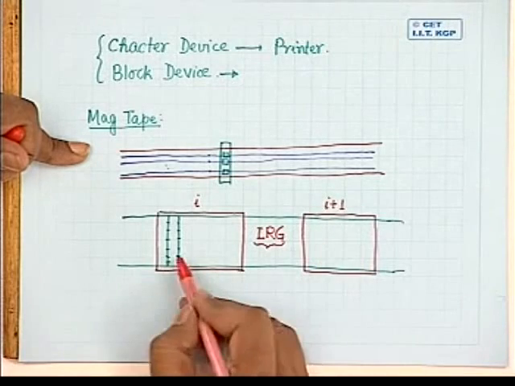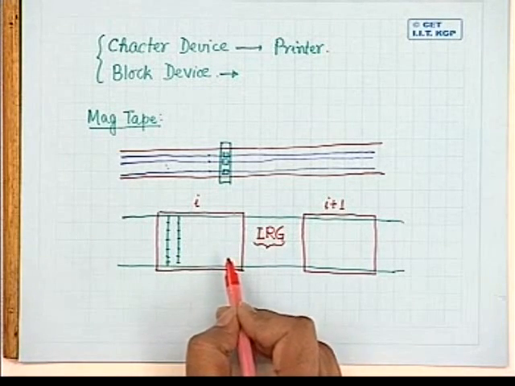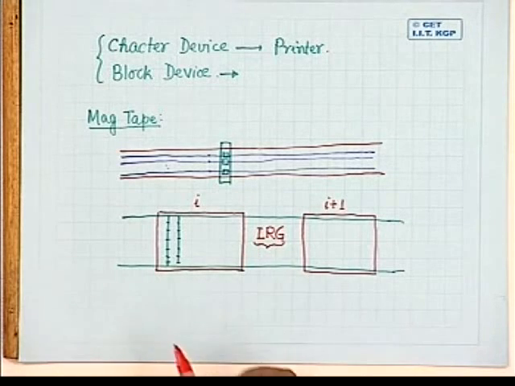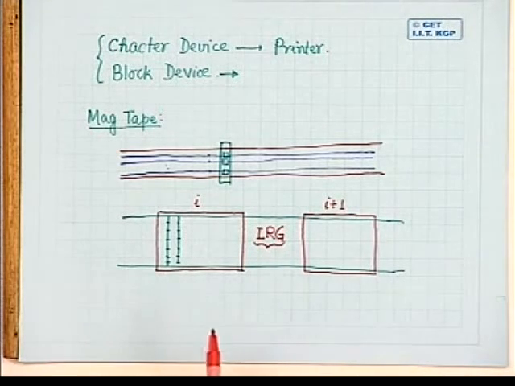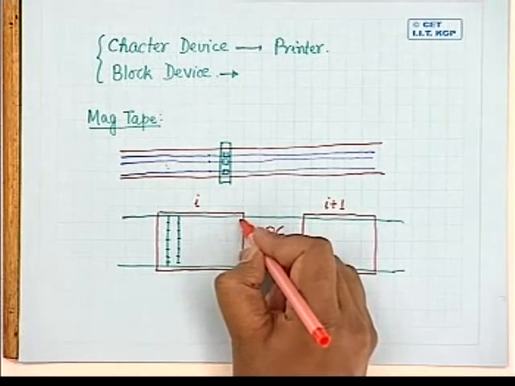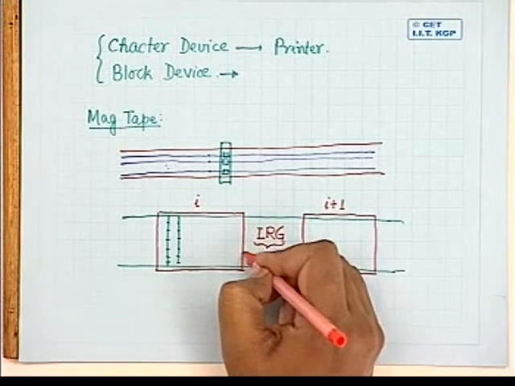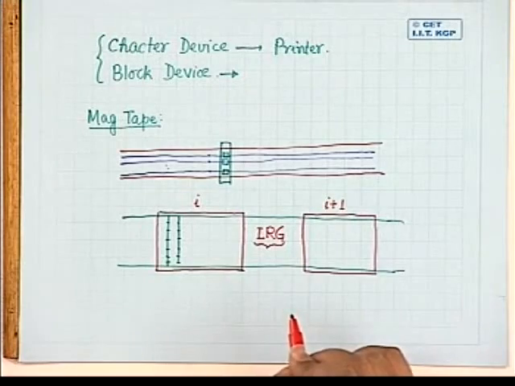As I mentioned, data can be accessed from this magnetic tape only when the tape moves at a constant speed, and the speed is specified for a particular drive. So until the last byte of this record is read, the tape must maintain that constant speed.